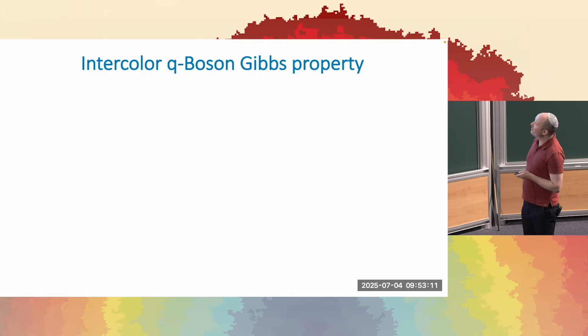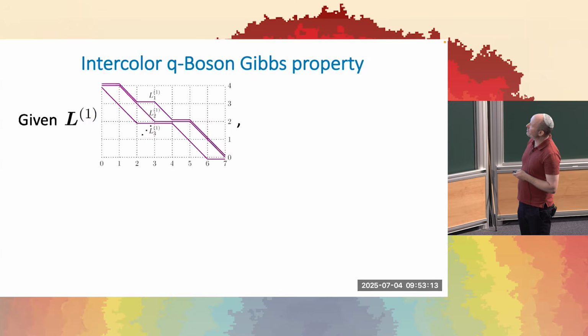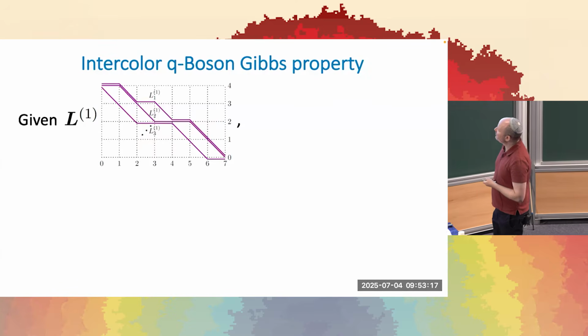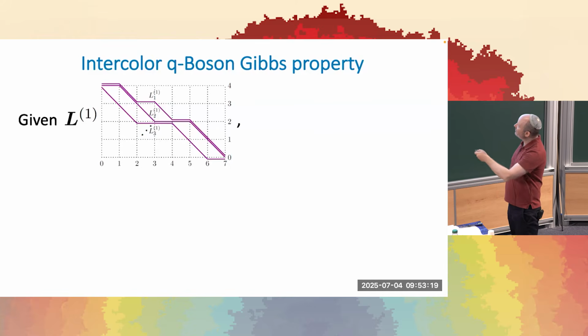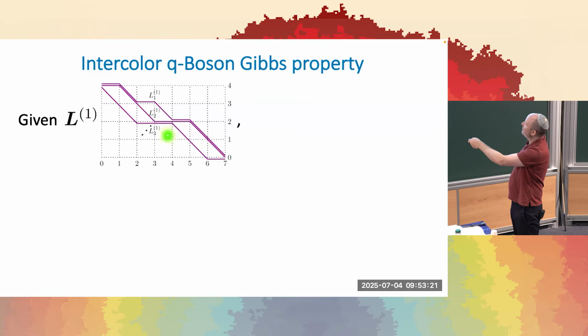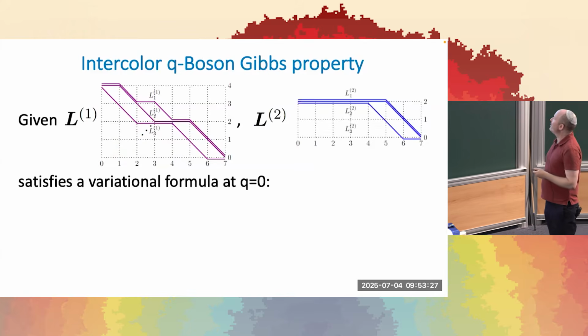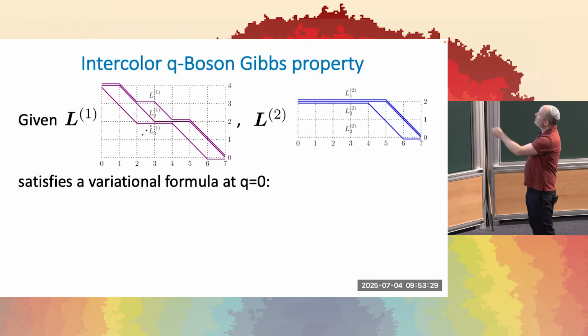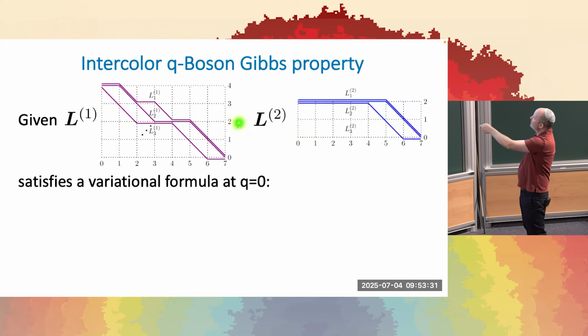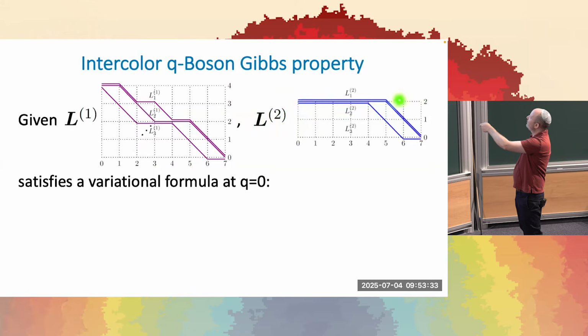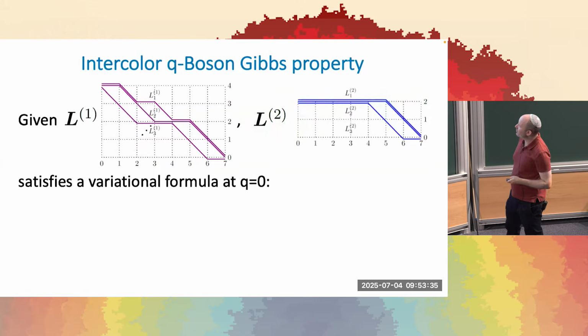And this intercolor Gibbs property is going to play a somewhat similar role. So what turns out to be the case is that if you're given the information of the uncolored ensemble, in other words, just keeping track of how many arrows there are, you can actually recover the information about the type 2 or higher line ensemble through a variational formula.